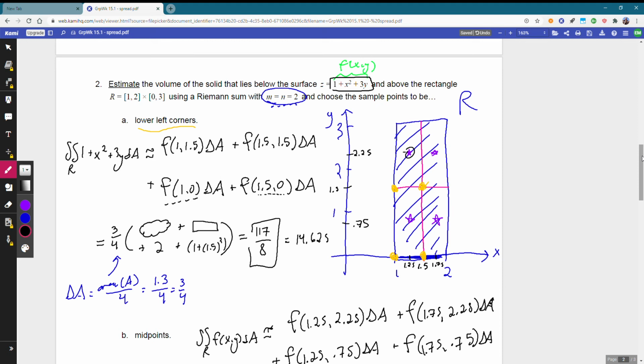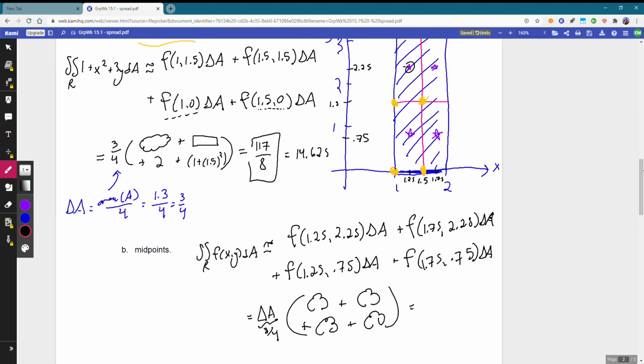I'll let you work through that. At the end of the day, plugging those in, adding them up, multiplying by our delta A gives us 375 over 16, or in decimal, it's equal to 23.4375.